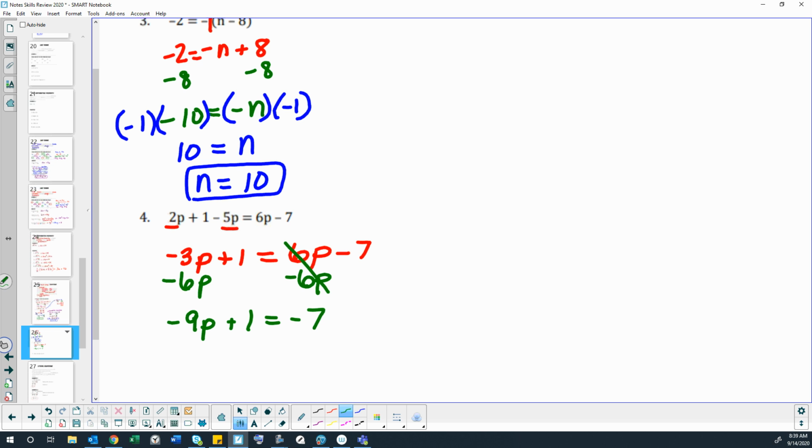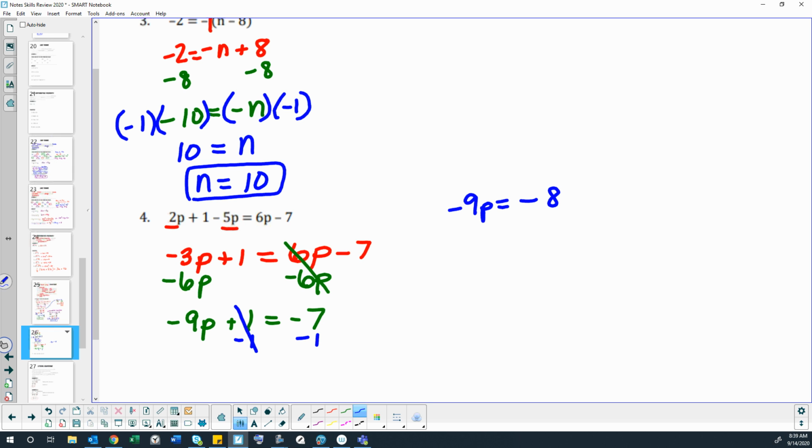Then I need to isolate the variable, so I'm going to move the 1 to that side. So basically add a -1 or subtract 1. That cancels out my +1. So now I have -9p equals -8.